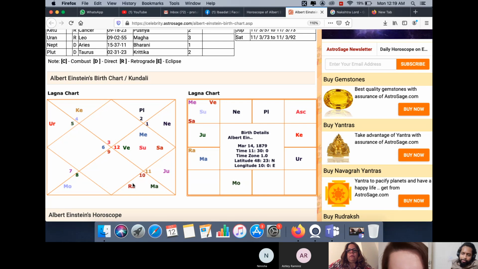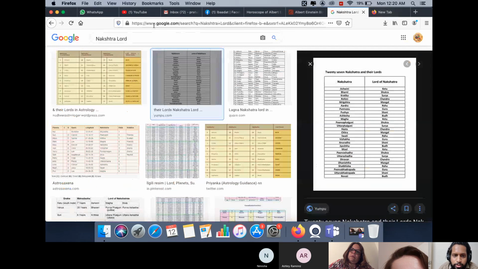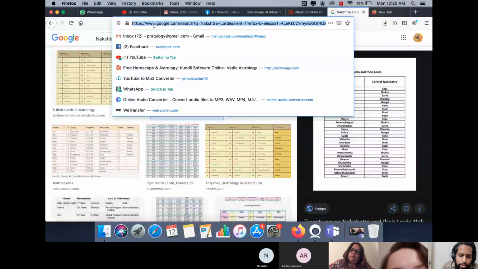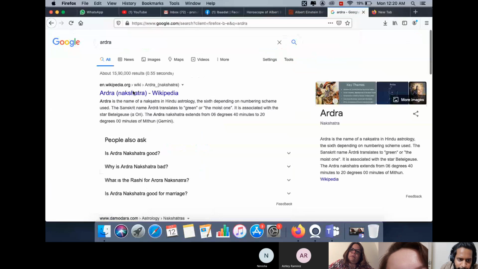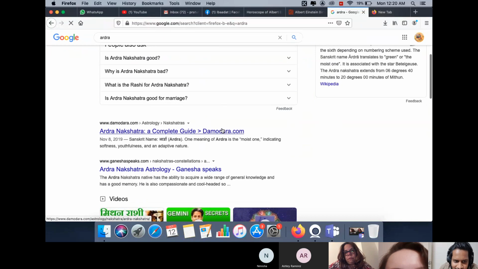Let me show you one prominent prediction for this chart. What was his ascendant nakshatra? Ardra. Let me show you the symbol of Ardra. The tear, right? Ardra represents the tear.